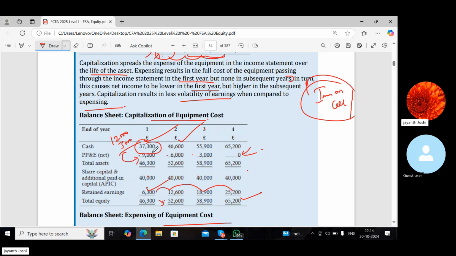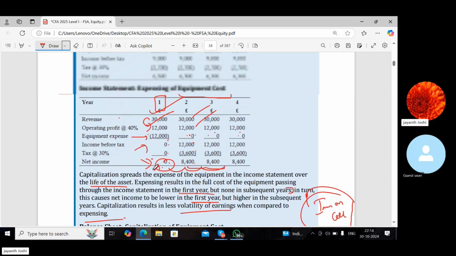Maybe, if I'm not wrong, my share capital is 40,000. My retained earnings is 6,300. 46,300 is my equity. From that, if I remove property, plant and equipment, I get cash, because total of assets should be equal to total of liabilities and equity. I'll check whether a cash balance is given or not.